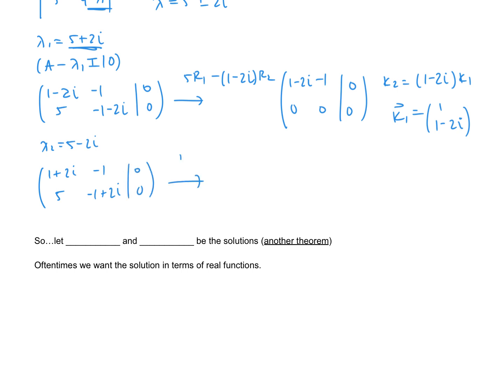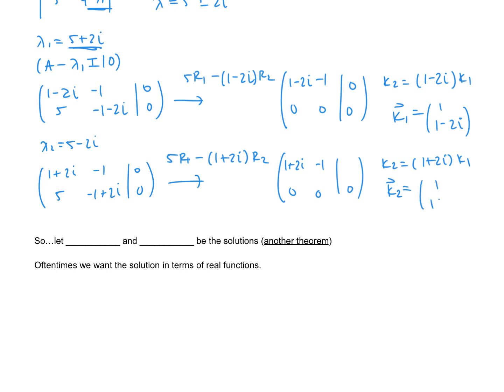So similar idea, I'm going to take row 1, multiply by 5, and I'll subtract 1 add 2i times row 2. Again, we're going to get zeros for the bottom row. This time the top row, I'm going to get 1 add 2i and a negative 1. So this tells me that k2 is equal to 1 add 2i times k1. So my second eigenvector then ends up being 1 and 1 plus 2i.